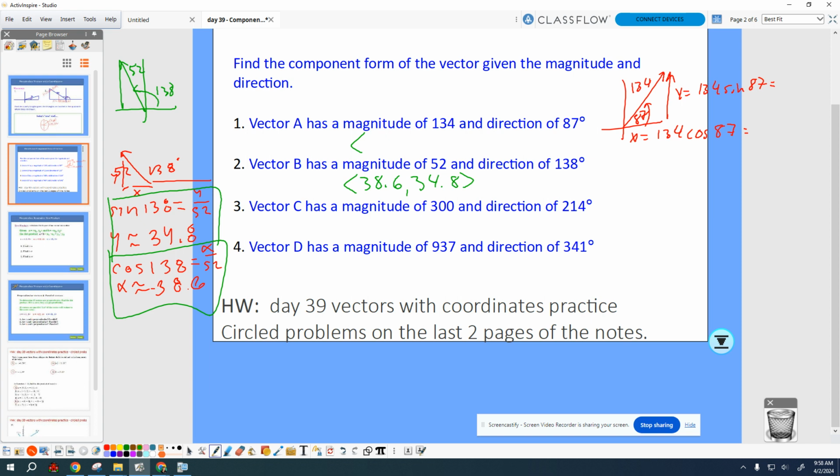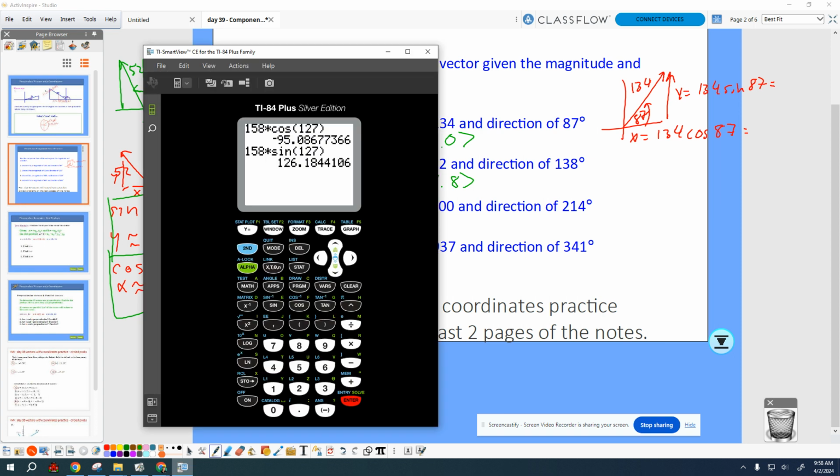So Monica's still waiting for a number. 132? 133.9? Do you guys agree? Renee, what'd you get for the y part of the first vector? 7 point. Okay, we disagree? Yeah, I think so. The x and the y are switched.